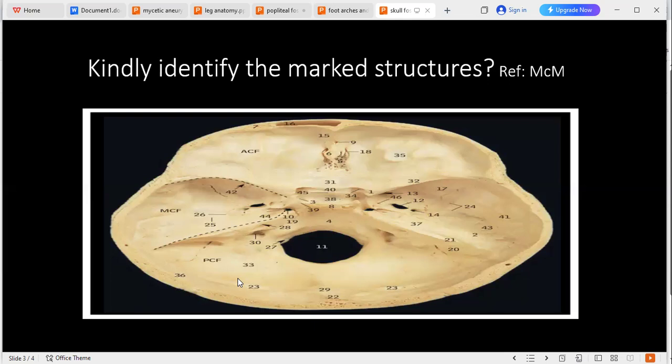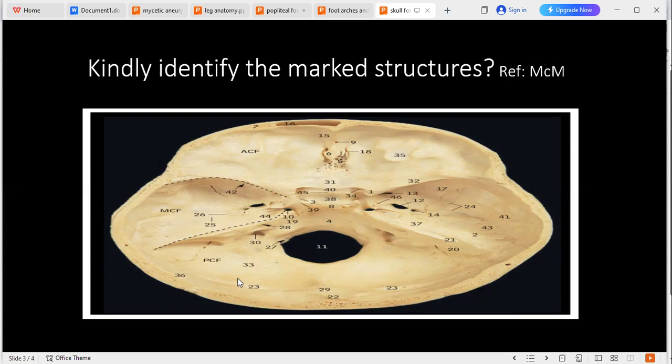Yes. And middle cranial fossa, anteriorly is the sphenoid bone, the lesser wing of sphenoid, and laterally is the parietal and the squamous part of temporal bone, and posteriorly is the petrous part of temporal bone and dorsum sellae.